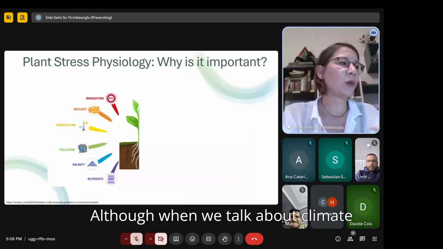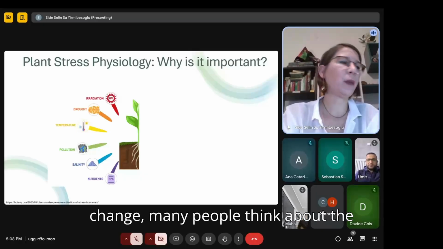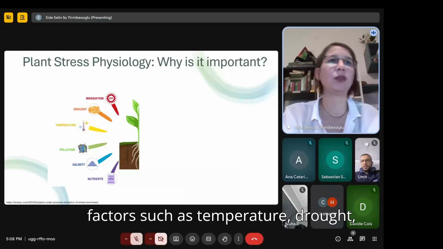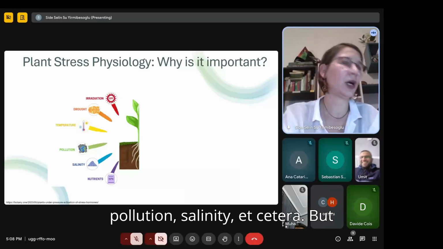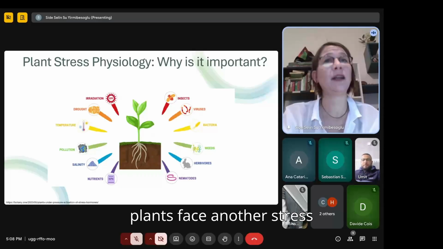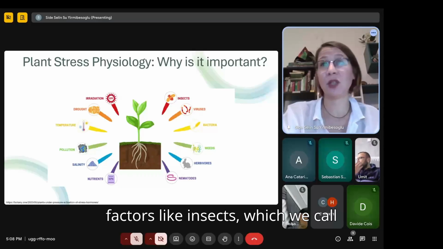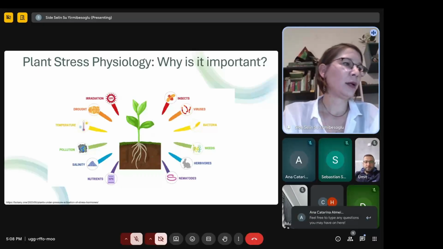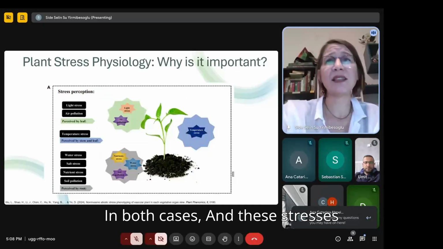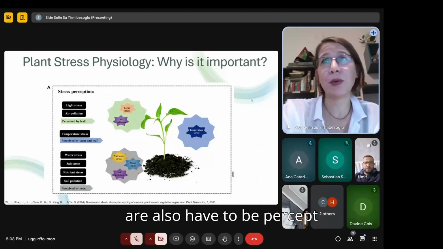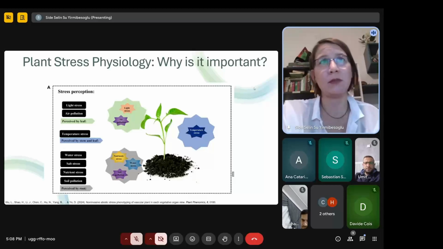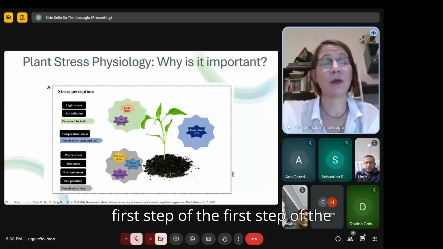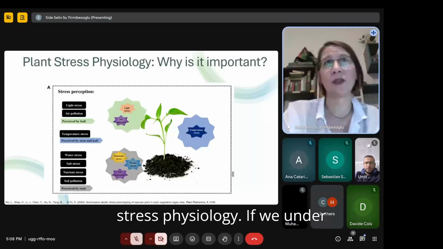When we talk about climate change, many people think directly about abiotic stress factors such as temperature, drought, pollution, salinity, etc. But plants face other stress factors like insects, which we call biotic stress. In both cases, these stresses have to be understood by the plants, and this is the first step of stress physiology.